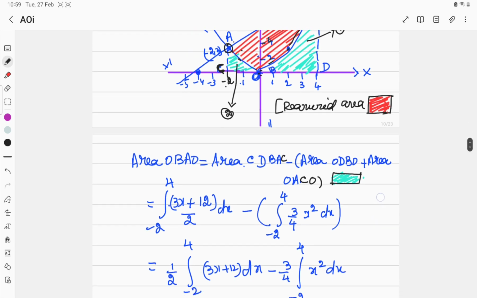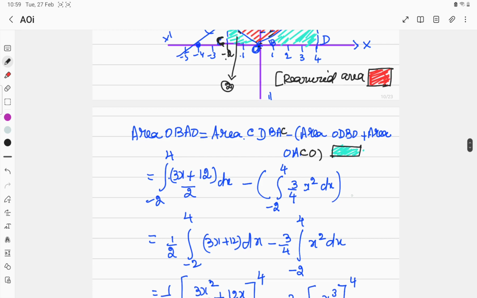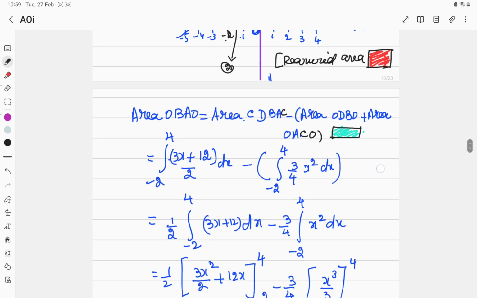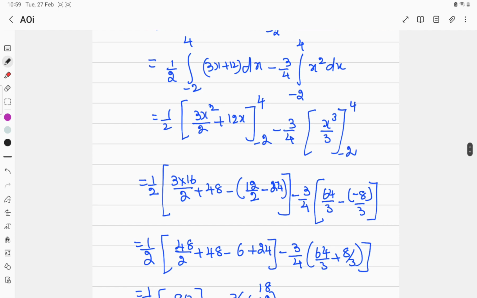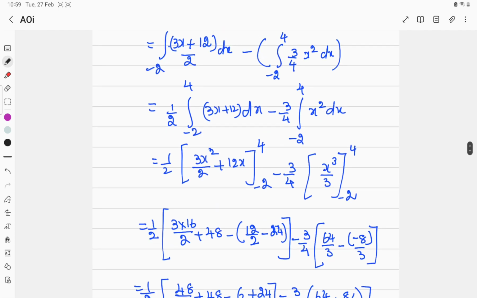So the integral of 3/4 x² dx from −2 to 4. On integrating, we get 1/2 taken as common, then 3x²/2 + 12x. Then we apply the upper limit 4 and lower limit −2.